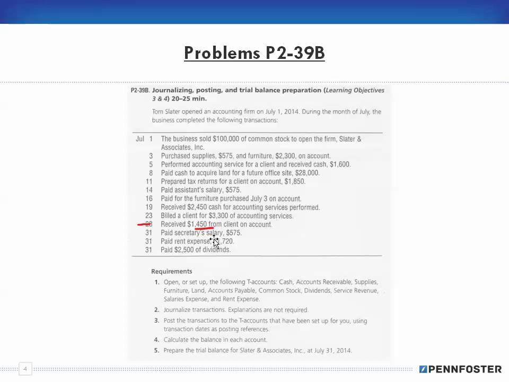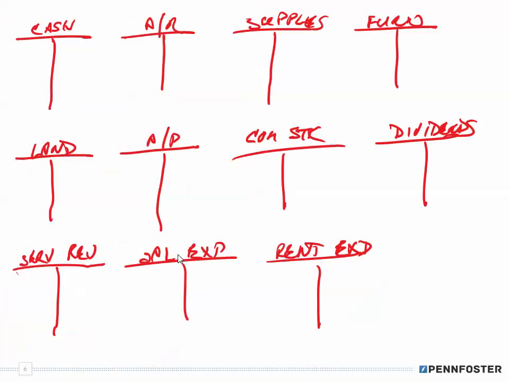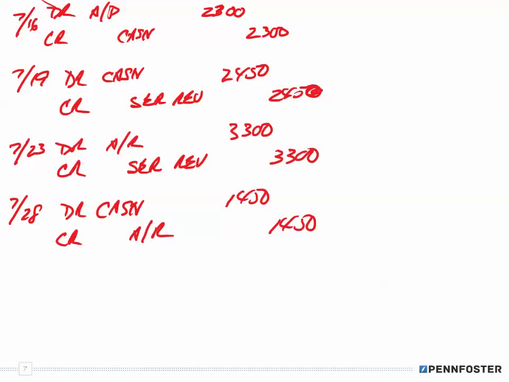Paid secretary salary $575. Paid rent expense $1,720. Paid $2,500 in dividends. So I'm going to do the expenses first because I'm paying the salary expense and the rent expense. We're going to treat that as two different entries.